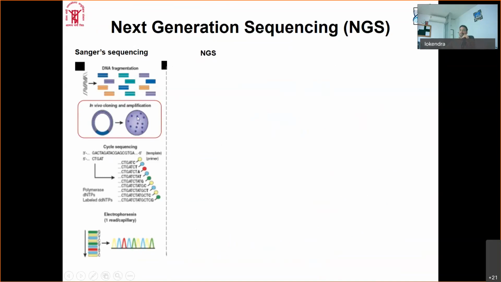These clones can be screened, generally by blue-white selection in bacterial cloning vectors, so you ultimately identify colonies which are positive or negative. If they are positive, you take out those positive clones, prepare the plasmids, and with the help of known plasmid sequences, you can identify those unknown sequences.